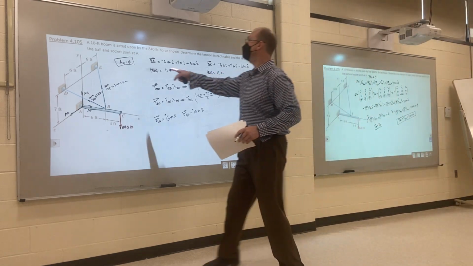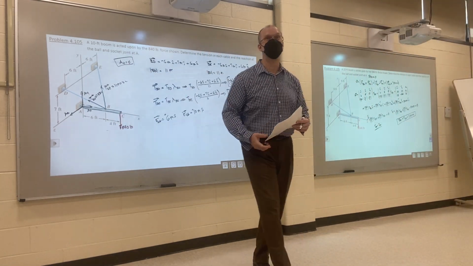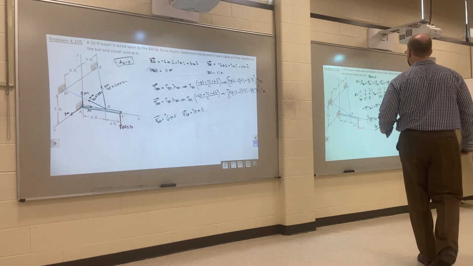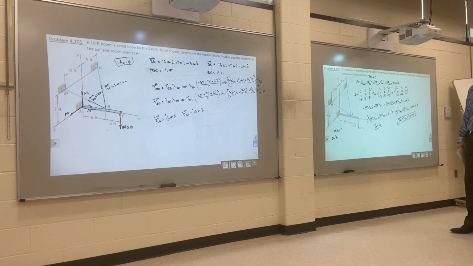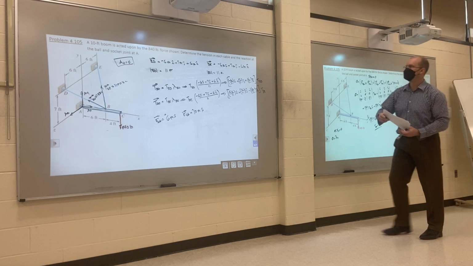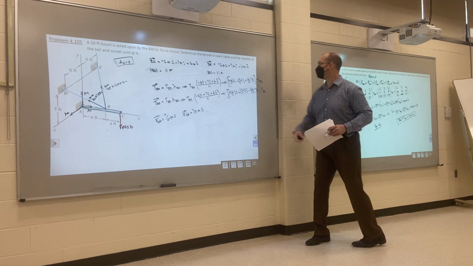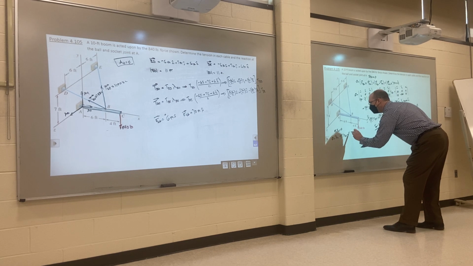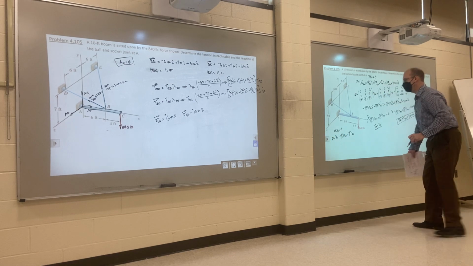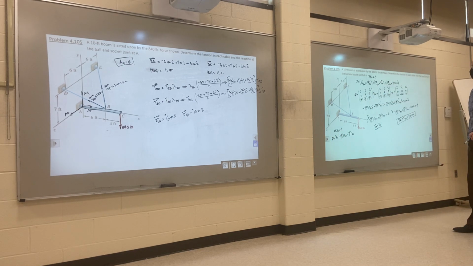We already know AZ is equal to 0, so when we do the sum of the forces in Z, they better cancel out. If we sum the forces with respect to x and set it equal to 0, 0 is equal to AX positive, that we show on our free body diagram, and then we take the x components, negative 6/11 TBD plus negative 6/11 TBE.